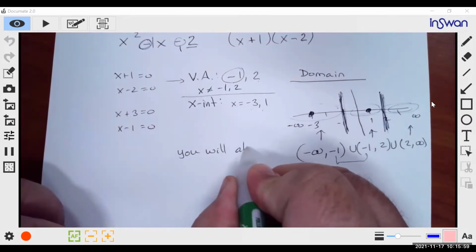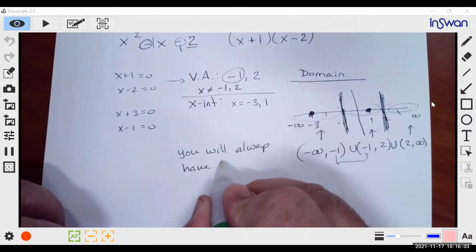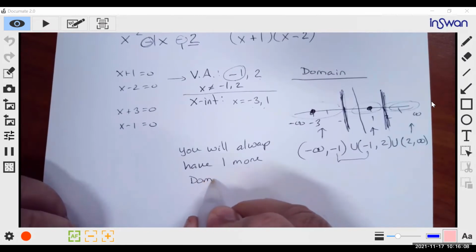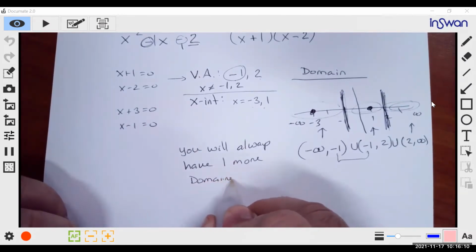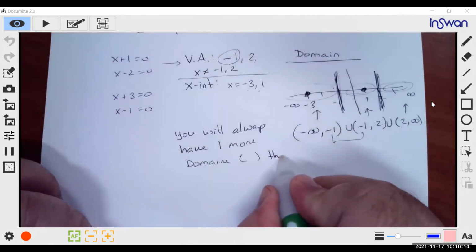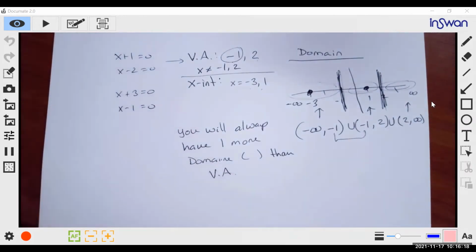You will always have 1 more domain grouping than vertical asymptotes.